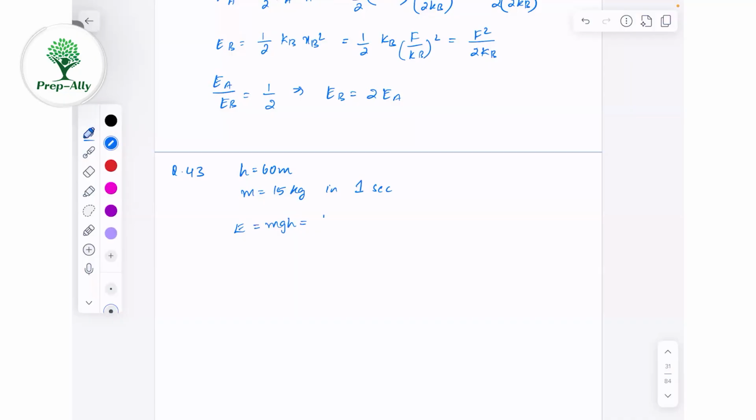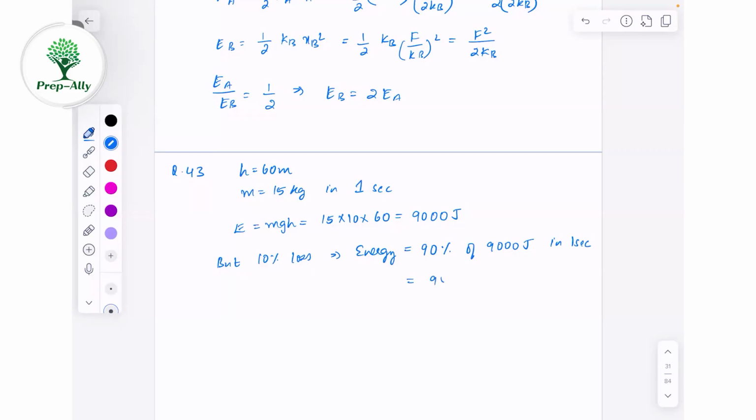So that is mgh, that is 9,000 joules, but 10% loss implies actual energy available is only 90% of this. 90% of 9,000 joules, this is again in 1 second.